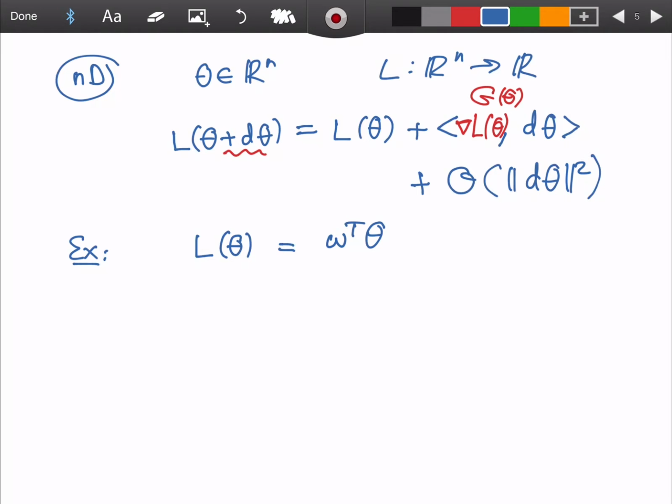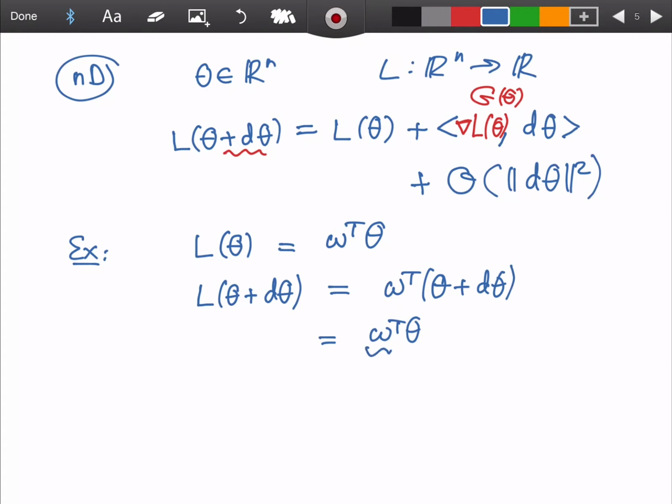I will write L of theta plus d theta as W transpose times theta plus d theta. So it will be W transpose theta, which is nothing but L of theta, plus W transpose d theta.